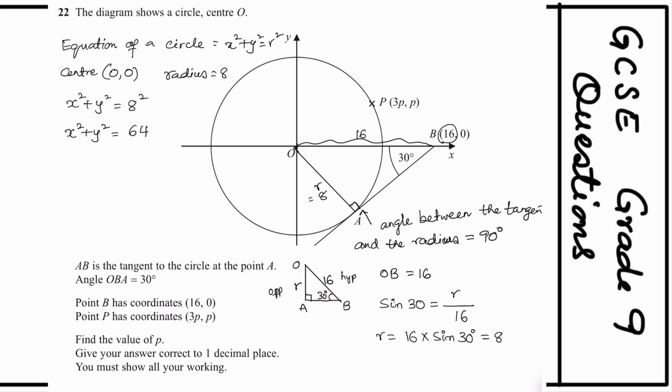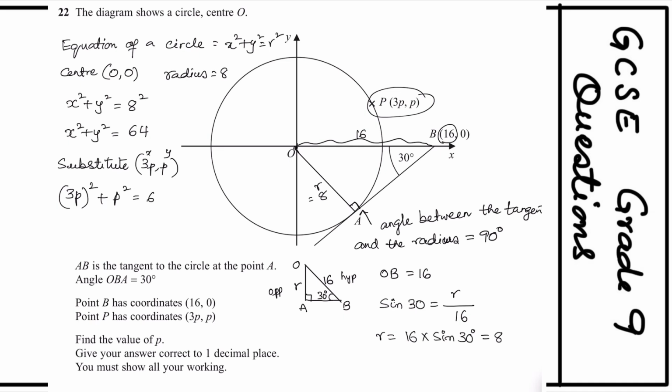And now take the coordinates of P. P is 3p and p. So substitute these coordinates as x and y values in the equation of the circle, because the point P lies on the circle.